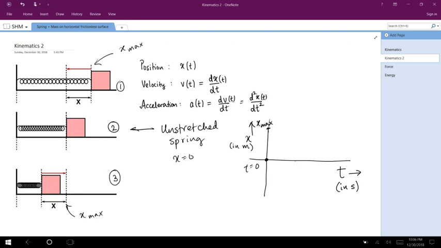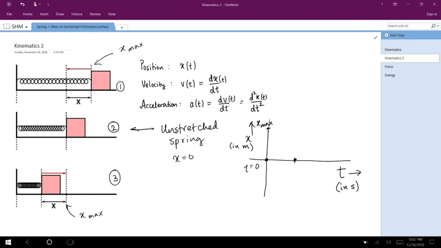After a certain amount of time, the block comes back to the position where the spring is unstretched, so position number 2. So that's over here. This is where the block's position or displacement is 0 relative to the position for unstretched spring.